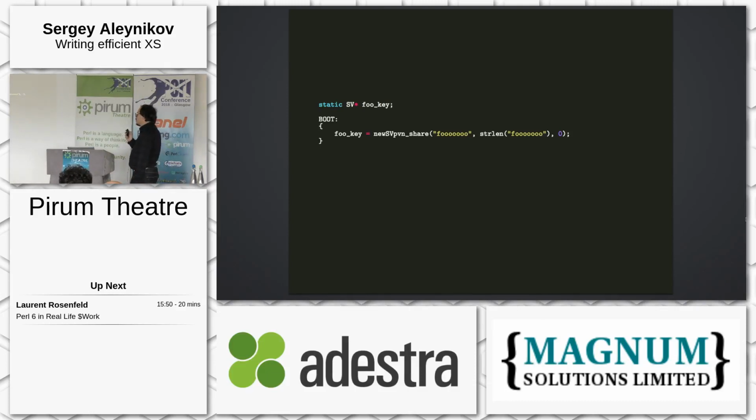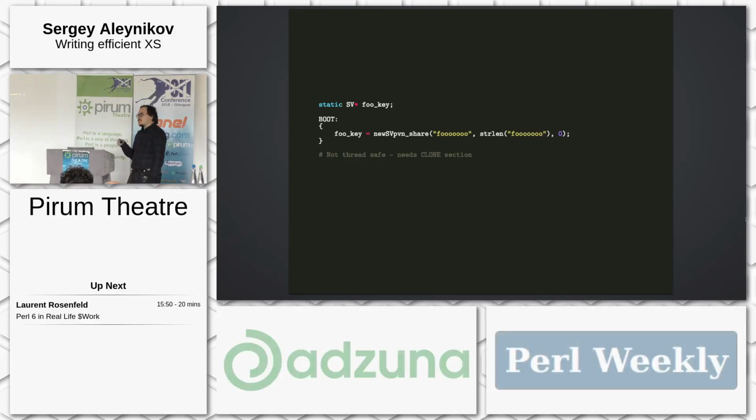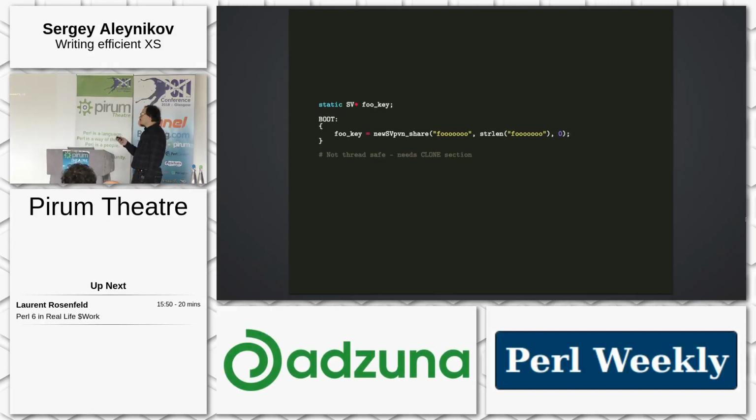There is one caveat in this: it's not thread-safe code, since whenever you are cloning a thread, all your old pointers may become invalid at some point in the future. So if you are writing for a threaded Perl, you have to clone this value in a clone subroutine. Generally, creating threaded XS code is complex, and whenever I can, I prefer not to do this. I've created some fully thread-safe modules and things like this.